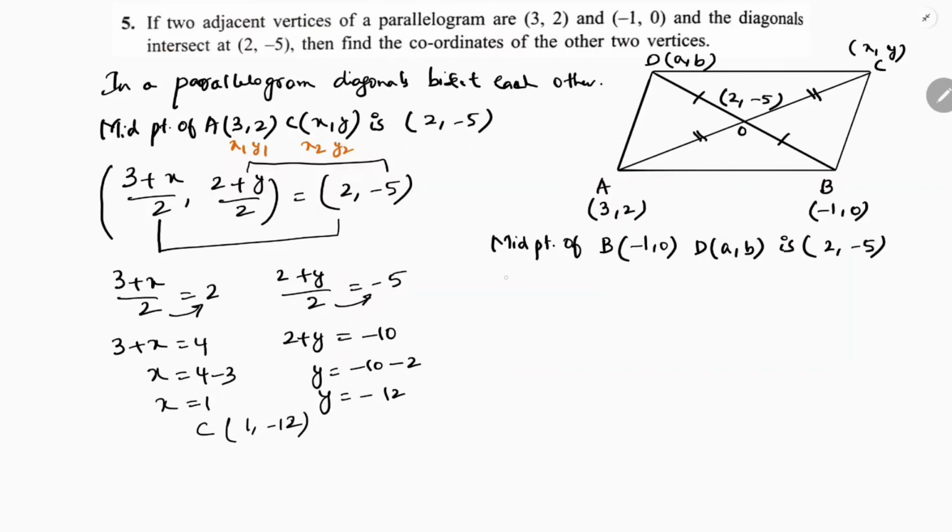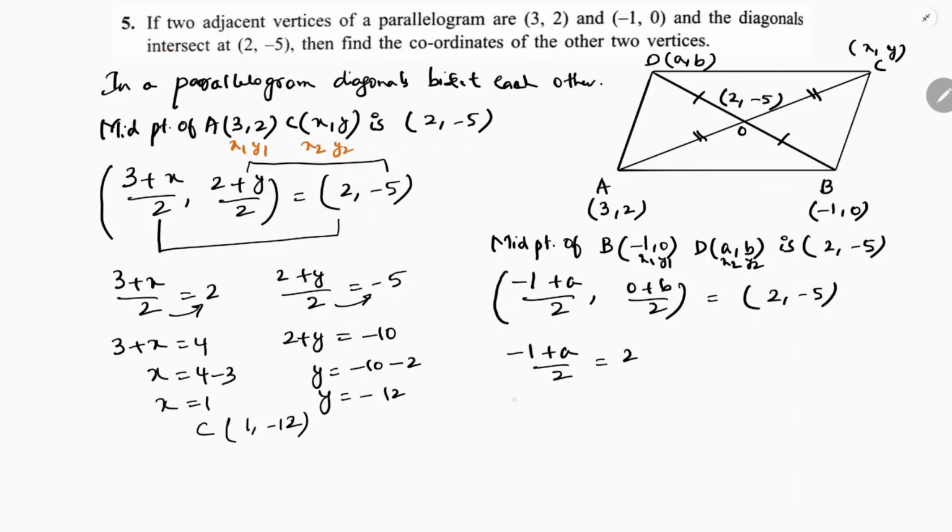So if you substitute the values in the midpoint formula, (x1 plus x2 by 2, y1 plus y2 by 2) equals (2, -5). Now again I'll equate abscissa with abscissa. So -1 plus a by 2 is 2, so -1 plus a is 4.